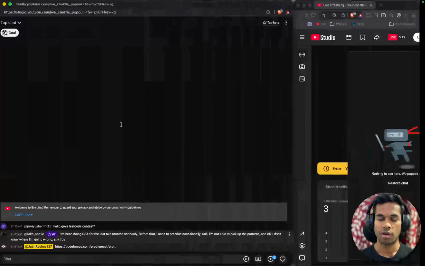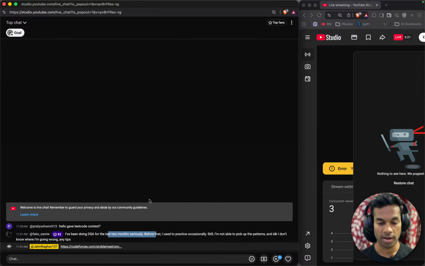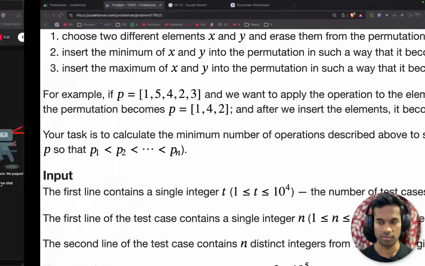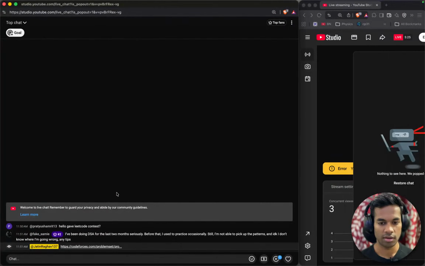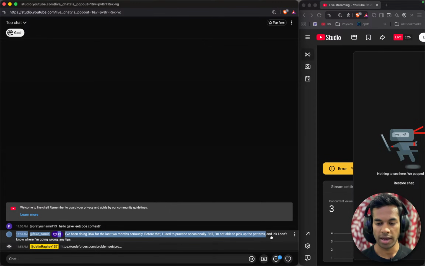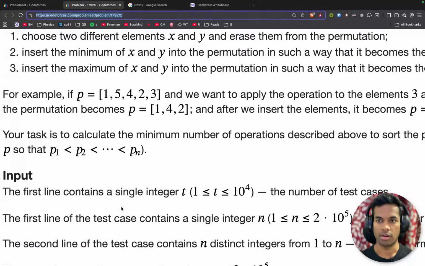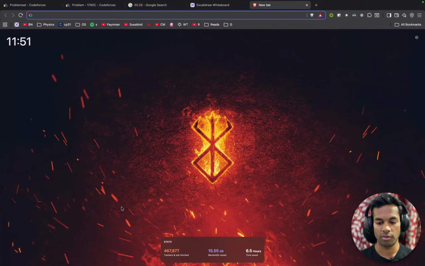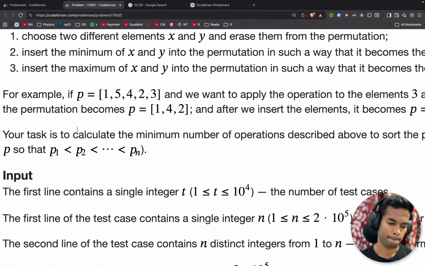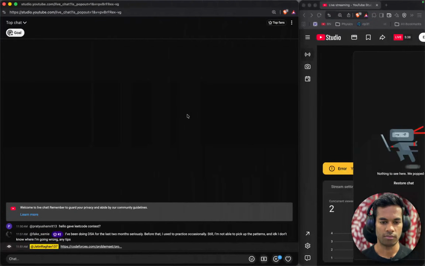Any tips? Two months of serious practice is enough time to pick up patterns, but it depends on how many problems you are solving and how much thought you are giving to them. I would just say solve problems.